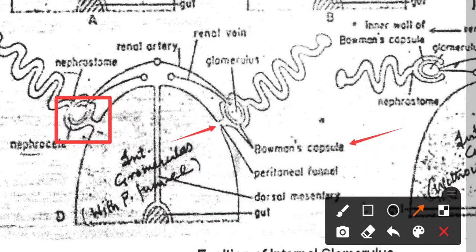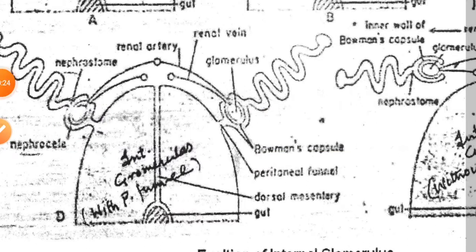So there is a connection of the nephrocele with the splanchnocoele, which is the coelom. So we have the peritoneal funnel present still, as we have the internal glomerulus present. So both the things are present over here. So this is again a transition kind of state in the formation of the glomerulus.